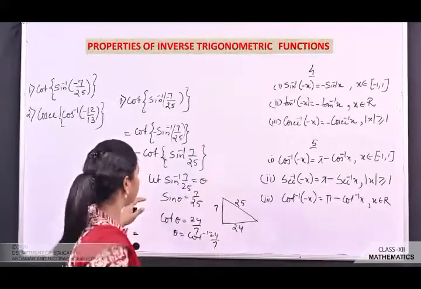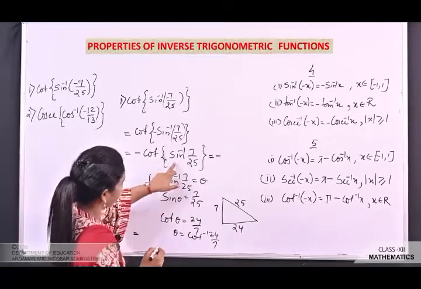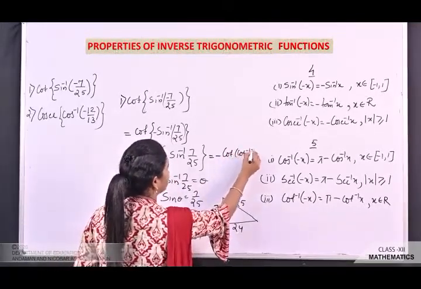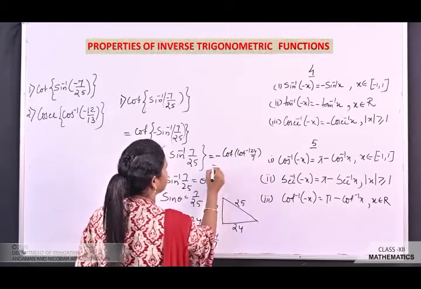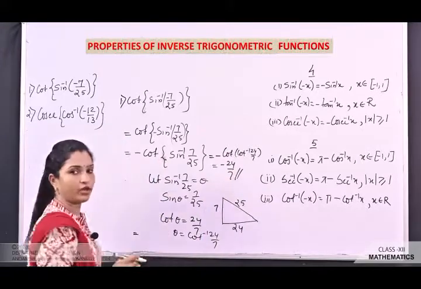If you substitute here, you are going to get minus cot of cot inverse 24 by 7. So cot of cot inverse 24 by 7 is nothing but 24 by 7, giving minus 24 by 7. This is the value you are going to get.